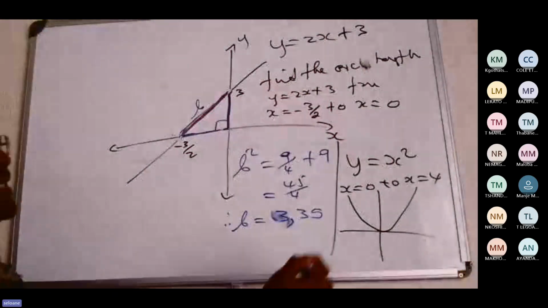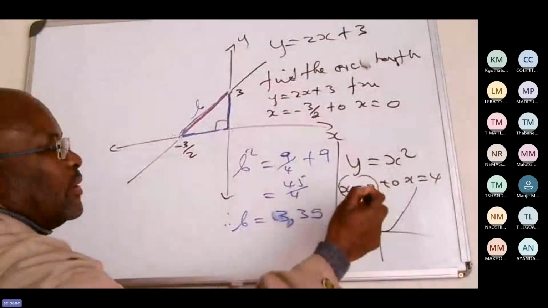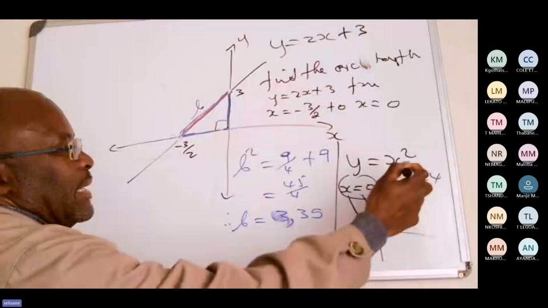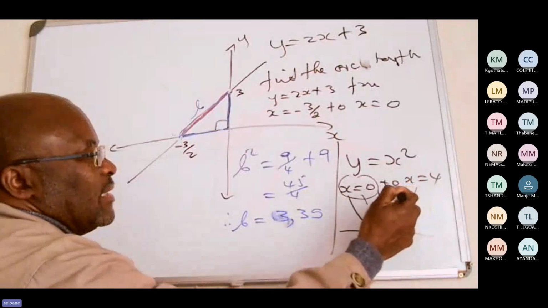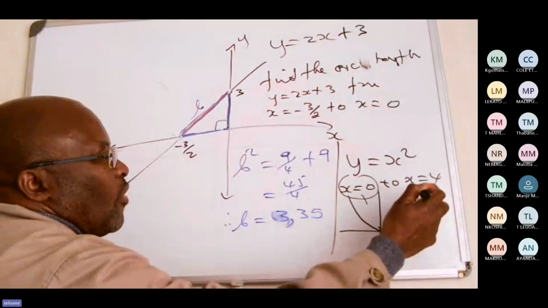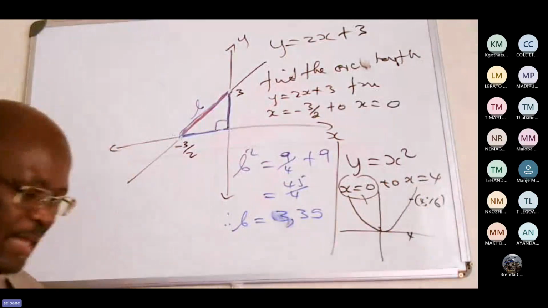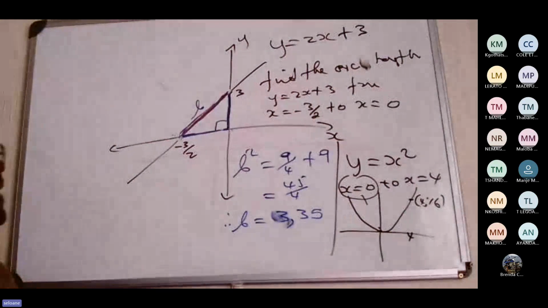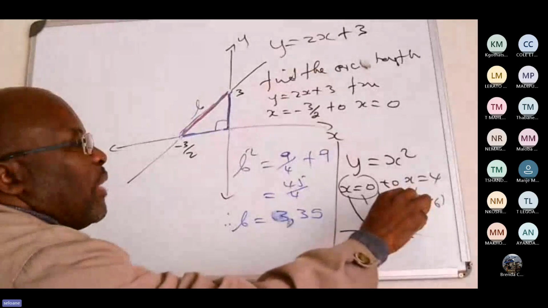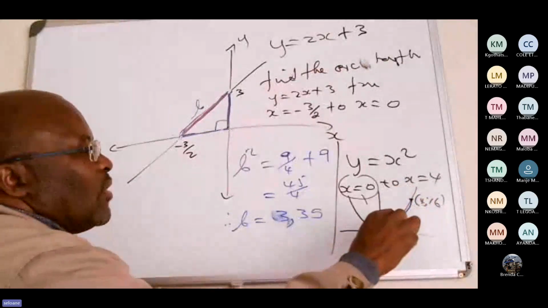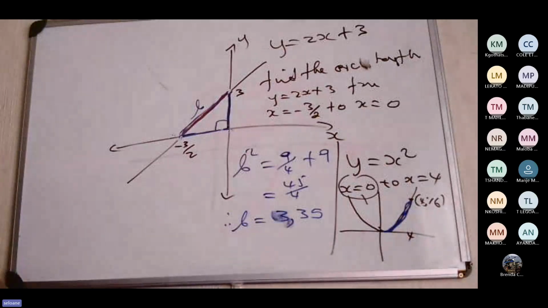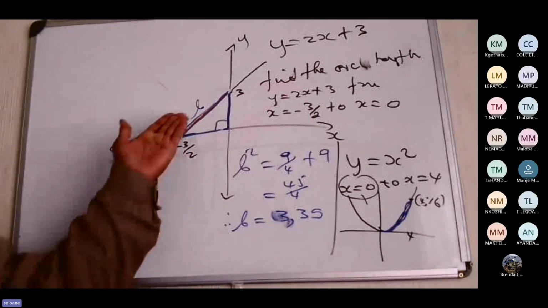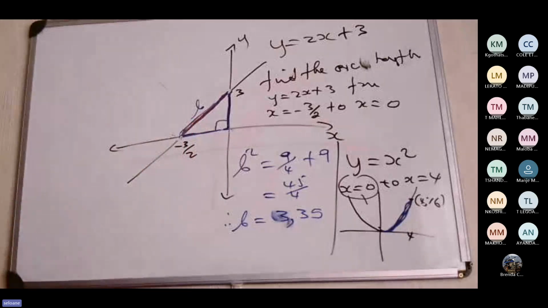X here is 0, and x here is 4, meaning y is 16. Then this will be 4 and 16. Then you are asked to find the length of this part. It doesn't form a triangle. It doesn't form anything. Therefore, this approach cannot work.